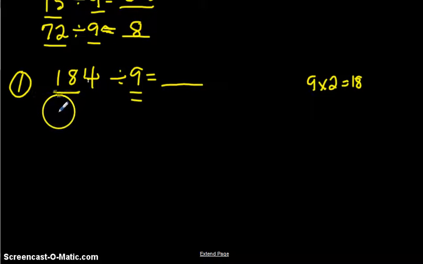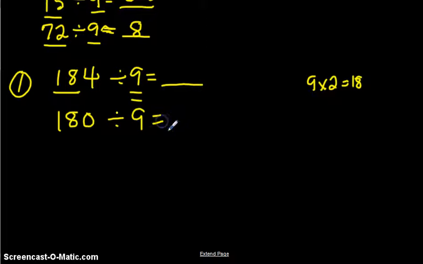So I'm going to keep that 18, because 18 is already a multiple of 9. Of course, I'm rounding because I want to make this easier, so I don't want anything hanging off there. So I know that 184 is close to 180. 9 is already a simple number, so we're going to keep that the same.